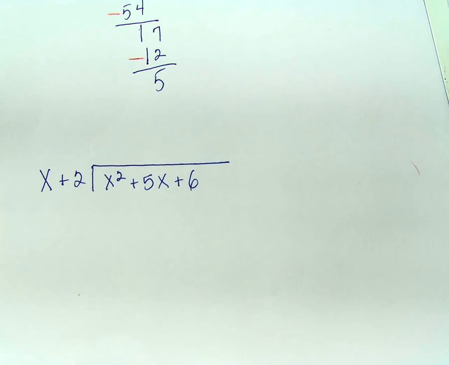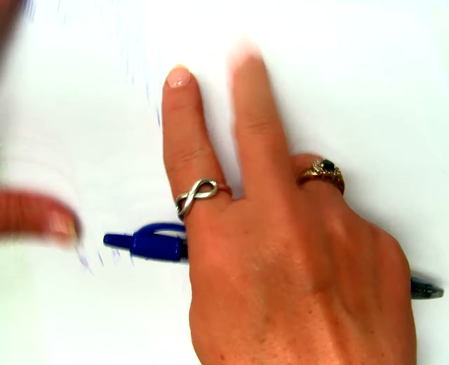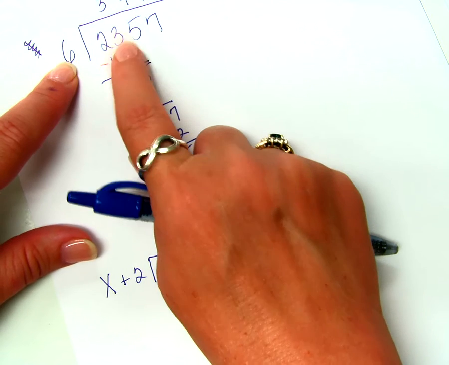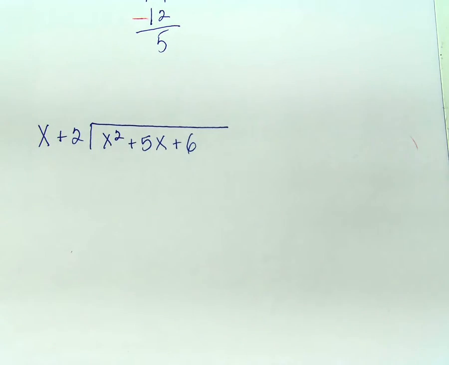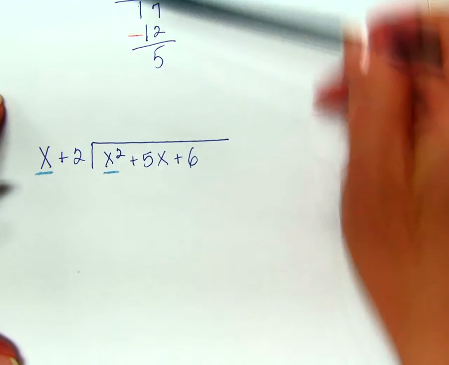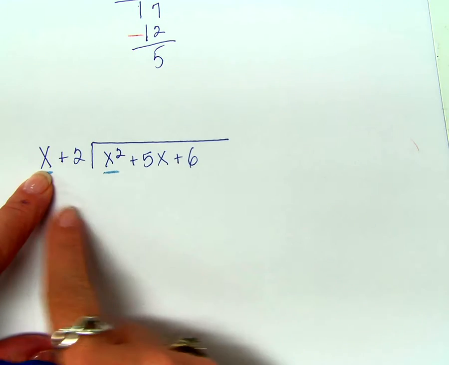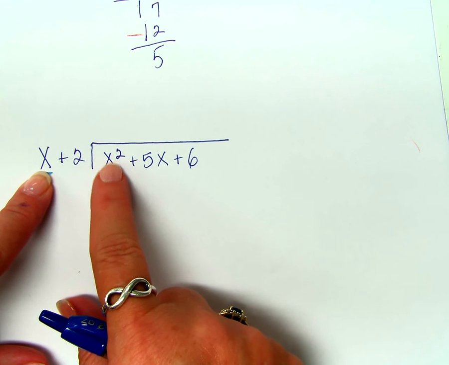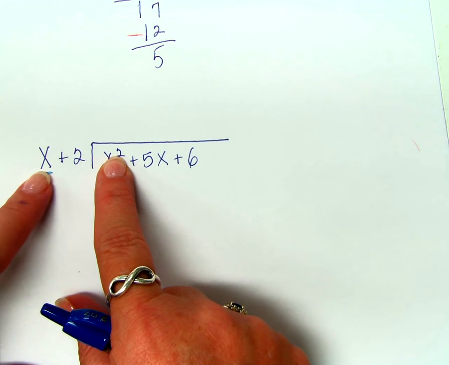Okay? Here's the deal, though. Before we said, on this one, how many times does this number go into this? We kind of do that, but we only look at the first term. I only look at those two terms. How many times does x go into x squared? Or what is x squared divided by x?